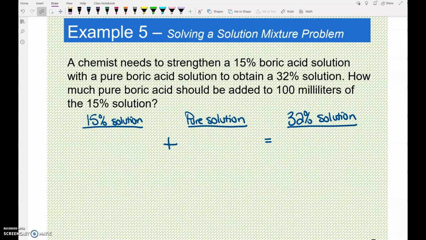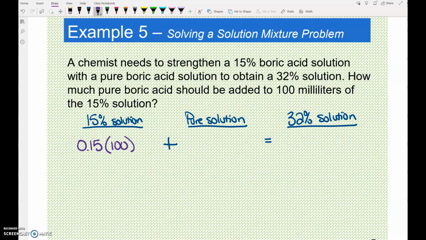Okay. We have 100 milliliters of the 15% solution. So basically, I want to know how much of that 100 milliliters is actual boric acid. So I'm going to do 0.15 times that 100 milliliters that we have. Pure.